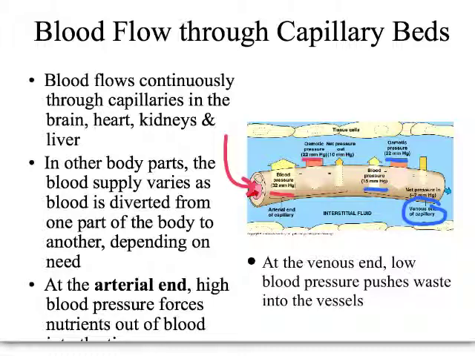So then we get that net pressure of 7 millimeters of mercury that's actually going to force waste products and other things from the tissues into the blood vessels. So on the arterial end, we get nutrients going out of the blood, and then on the venous end, we can have the waste products being forced into the blood vessels for disposal later.